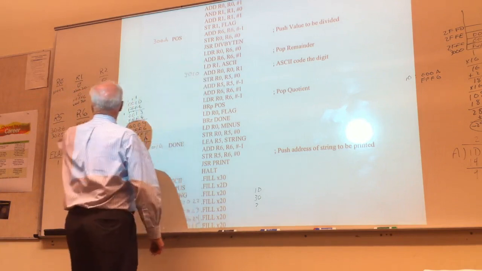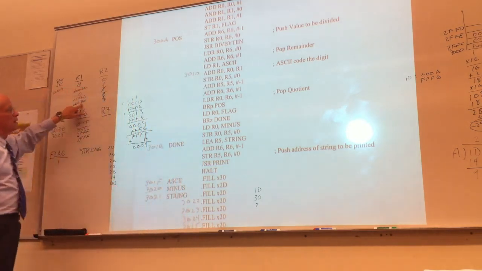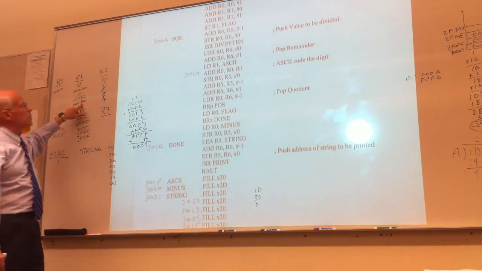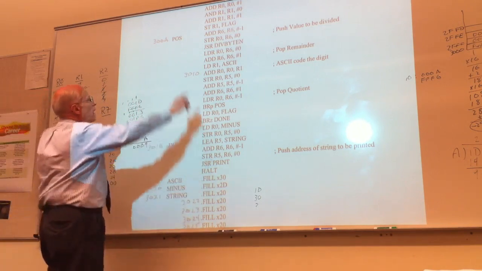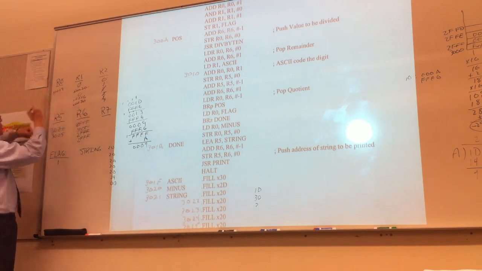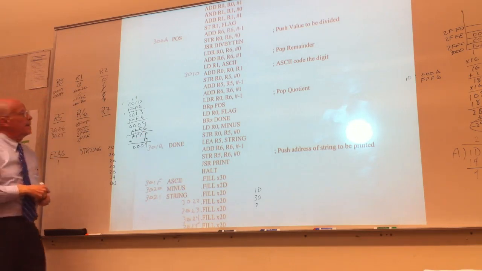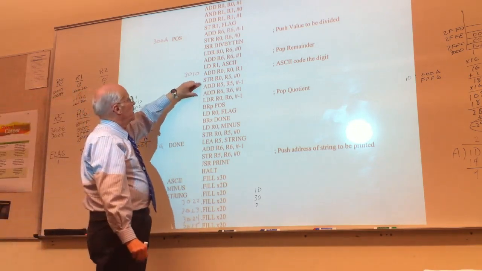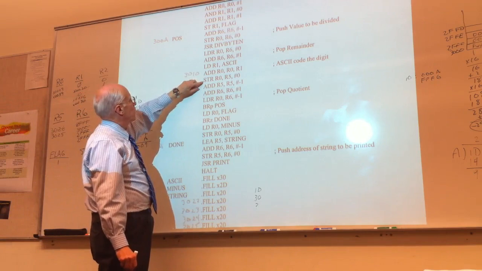Load register 1 from ASCII, well, that's what's there already, but it could have been changed. We add register 1 and register 0 together with the result here, so it becomes 0039. Right there.